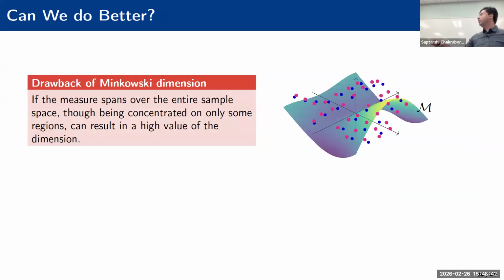If your data doesn't lie exactly on the manifold or exactly on a low-dimensional space, but is scattered a little away from this manifold, maybe not too much, so that your data distribution is highly concentrated on some of these subspaces or manifolds but is thinly spread out across the entire data space, then this Minkowski dimension is not a very good characterization of the intrinsic data dimension.